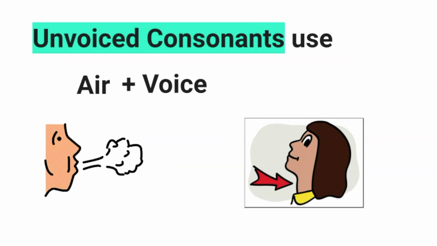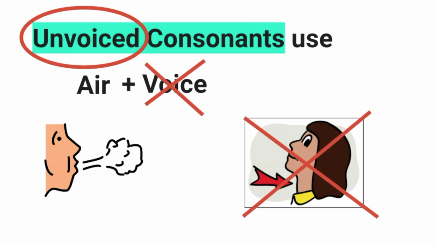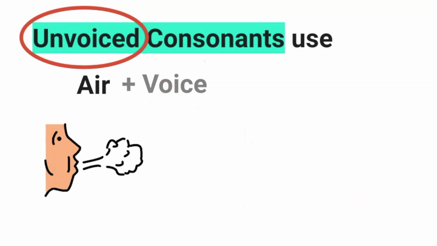Unvoiced consonants will use air, but they won't use any voice. So we'll get sounds like p, k, t, f. Let's take a look.